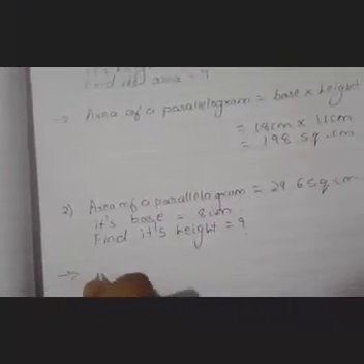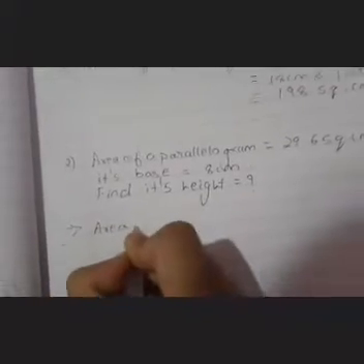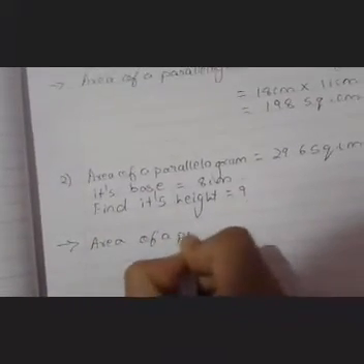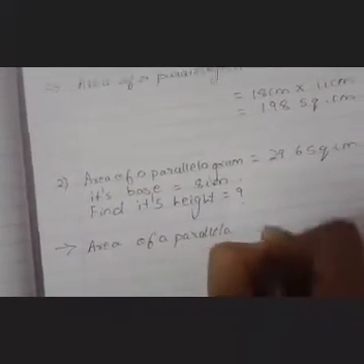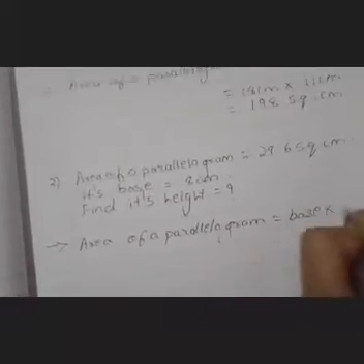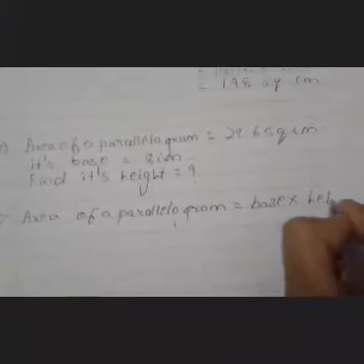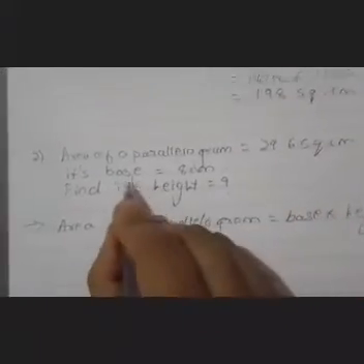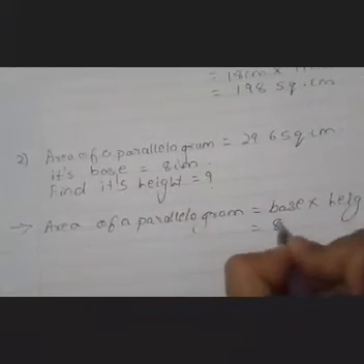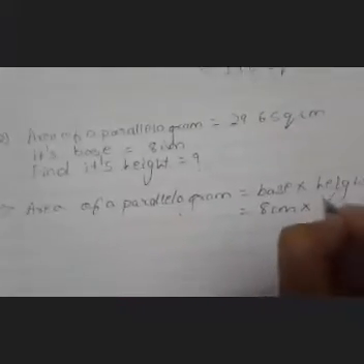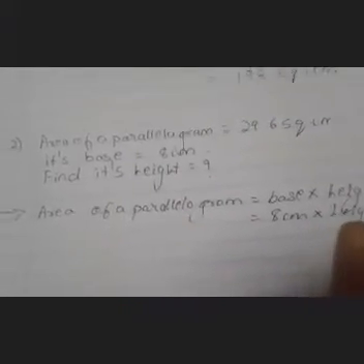Now you all know what is the area of a parallelogram. So write down simply what is the area of a parallelogram. It is base into height. Tell me, what is the base? It is 8 centimeter given, into... are they giving us the height? They are not giving us the height, so we will write height again.